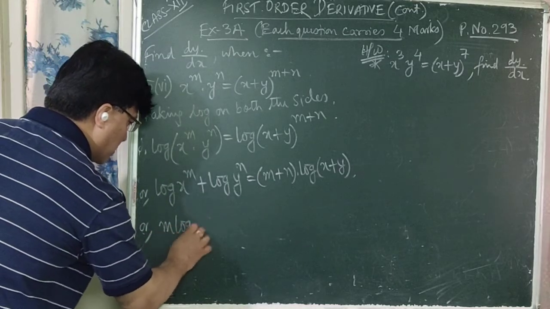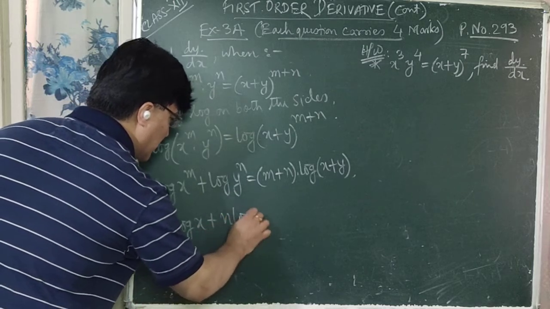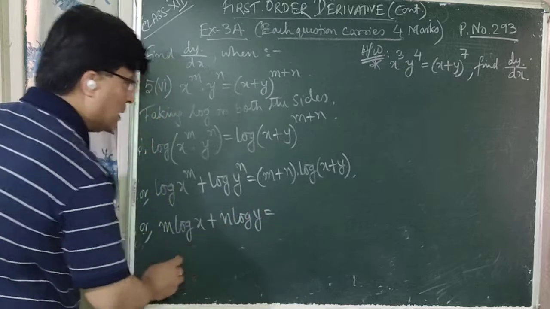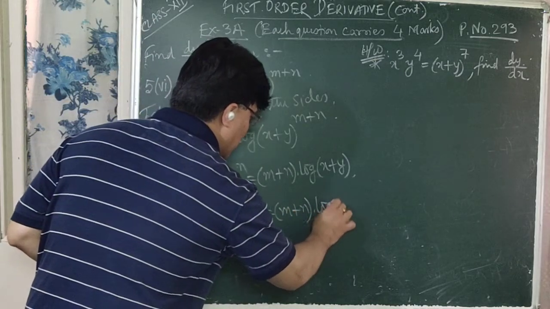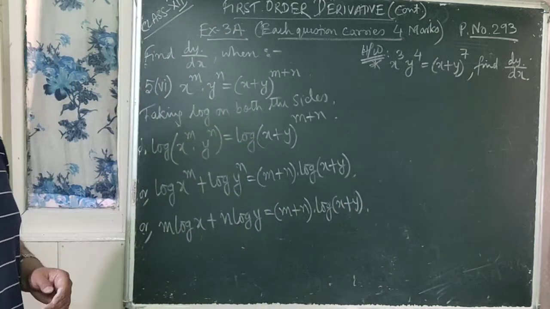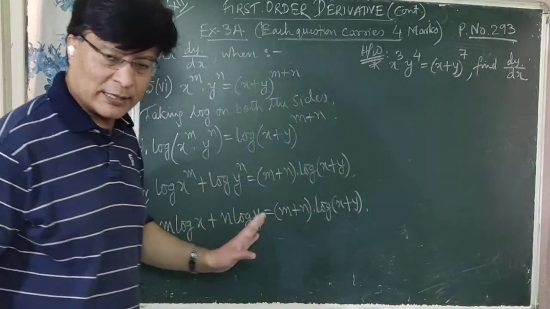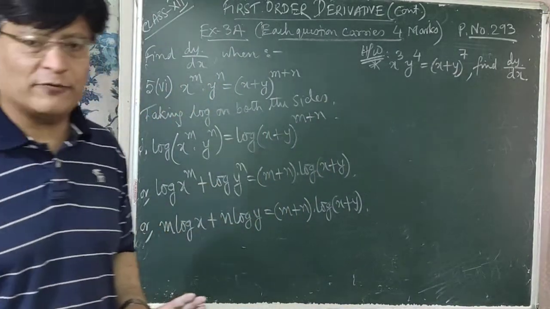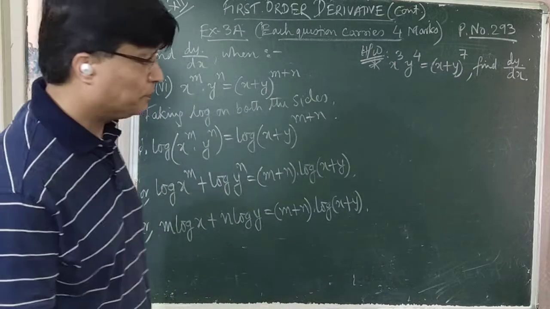That is the property of logarithm: m log x plus n log y is equal to m plus n into log of x plus y. So is that clear to all of you? But you cannot simplify this log of x plus y, so you have to keep it as it is. Log of x plus y cannot be simplified further. Now this is the simplified form.